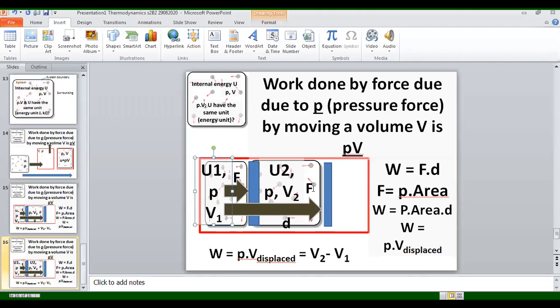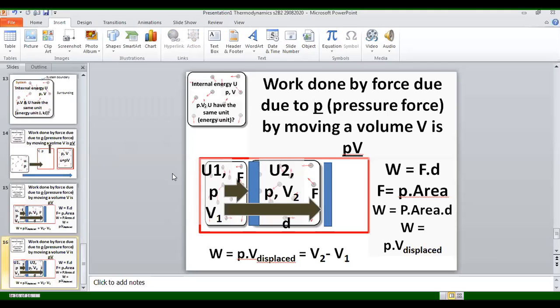Yes, so force F is here, the same F, and then we can see the piston displacement. So here I take the volume expands, V2 minus V1.